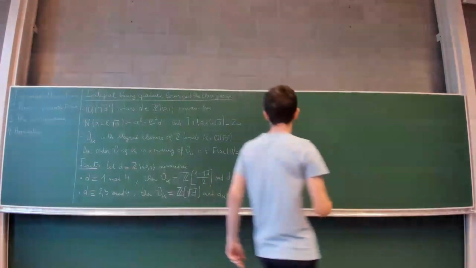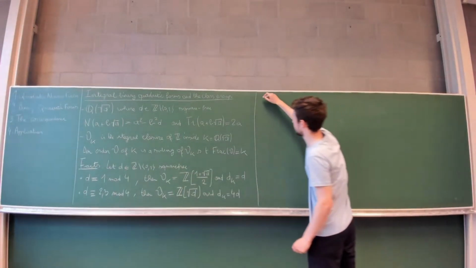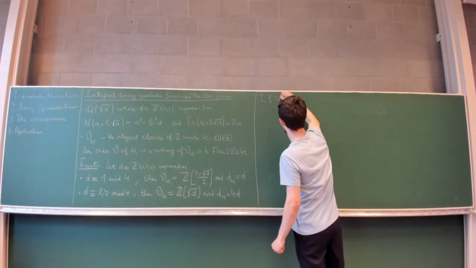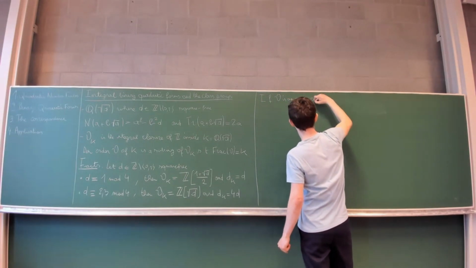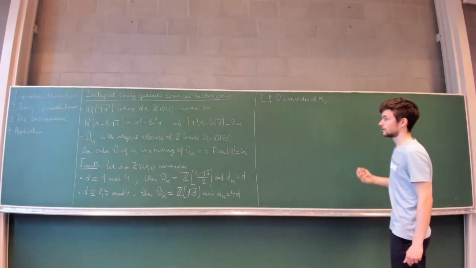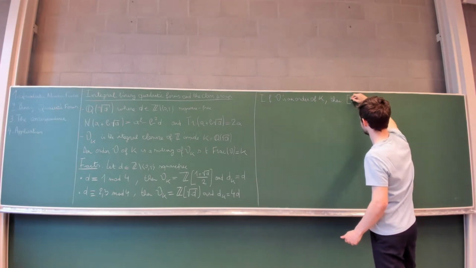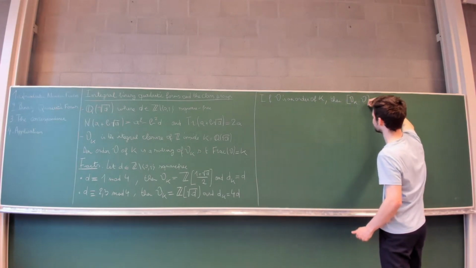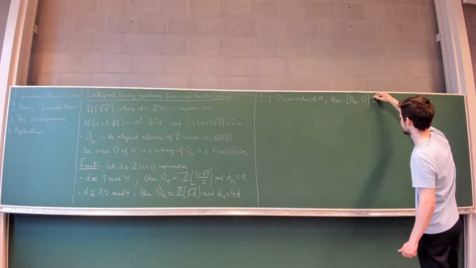And we also know what an order looks like. So if O is an order of K, then the following fact holds: the index of O inside the bigger ring, O_K, is finite.